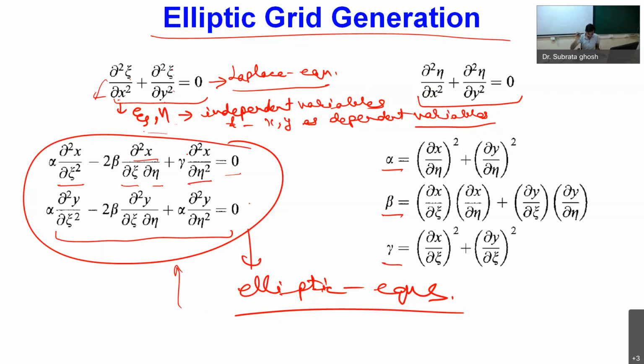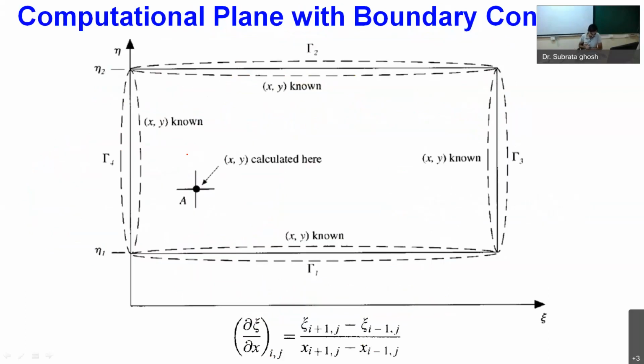Okay. Now let me give you one idea of the computational plane with boundary conditions. So this is now our computational plane in zeta eta system, and this computational plane is only for geometric transformations. At all the boundaries we know the values, gamma 1, gamma 3, gamma 2, and gamma 4.